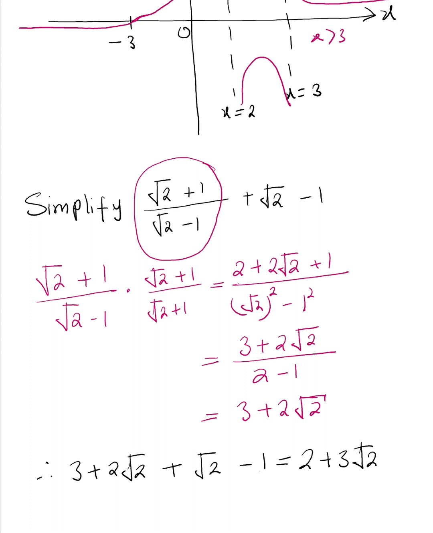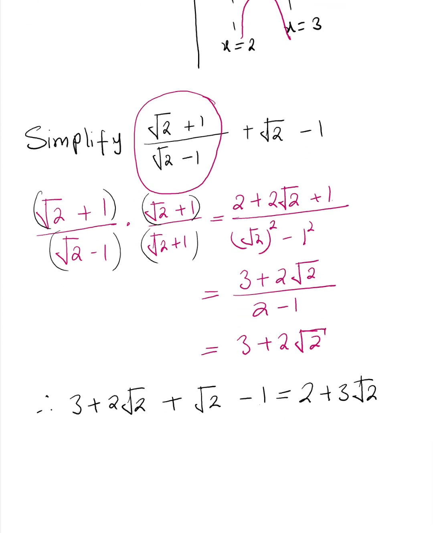So what I did, I just expanded here, right? This multiplied by that gave me that, and this multiplied by that. But I just used what I know. So let me just give you a hint. In the numerator, I used (a + b) squared is the same as a squared plus 2ab plus b squared, right?